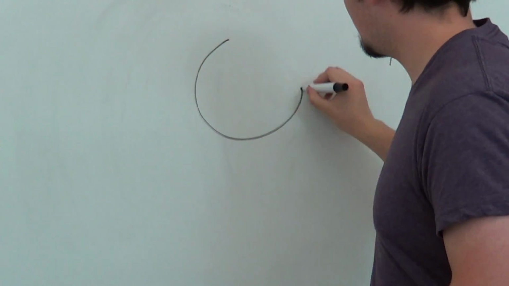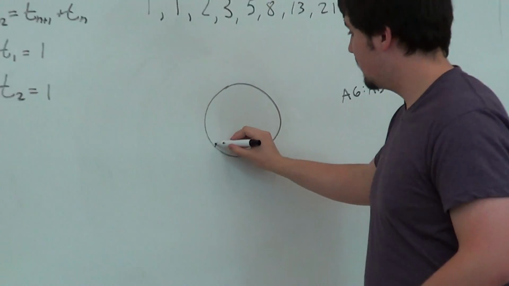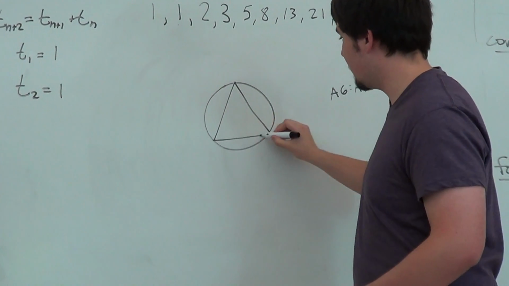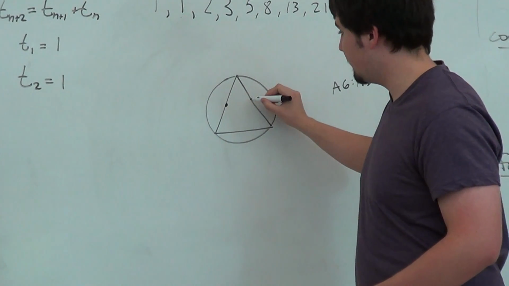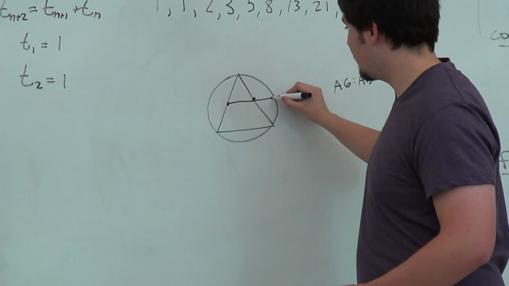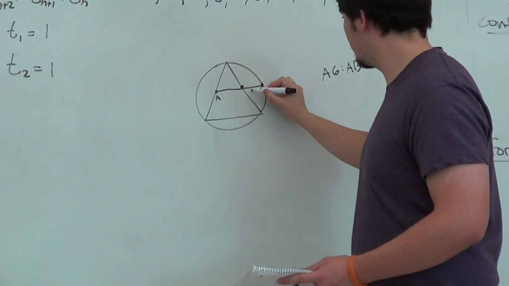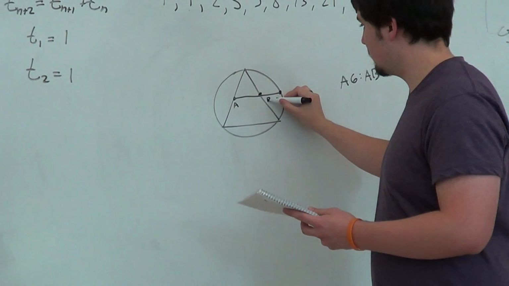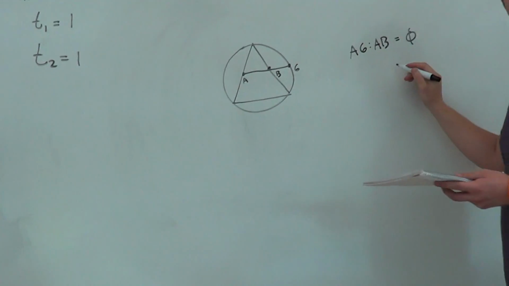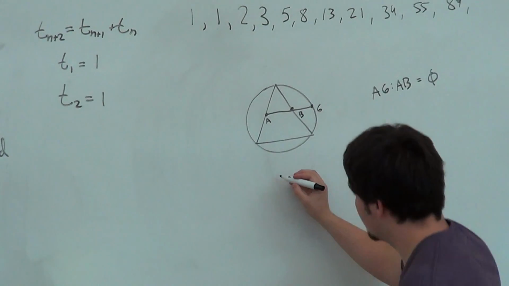You have a circle, and you inscribe a triangle inside it. Find the midpoint of these 2 sides, and draw the line so it goes until the end. Once again, same ratio. Draw another circle.